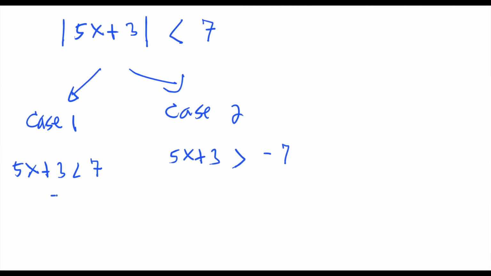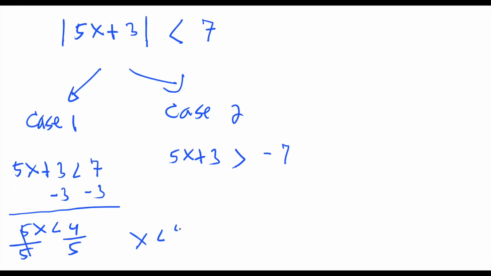But you go over here, minus 3, minus 3. Okay, 5x is less than 4. Divide by 5, divide by 5. So we have x is less than 4/5. And, oops, minus 3, minus 3. And I'll change the color over here.